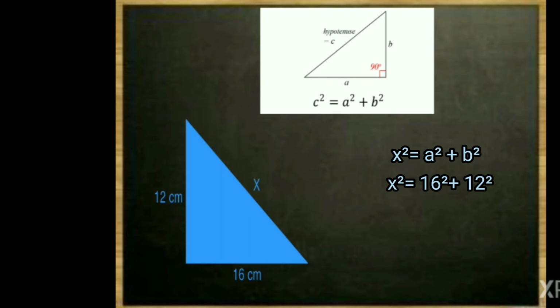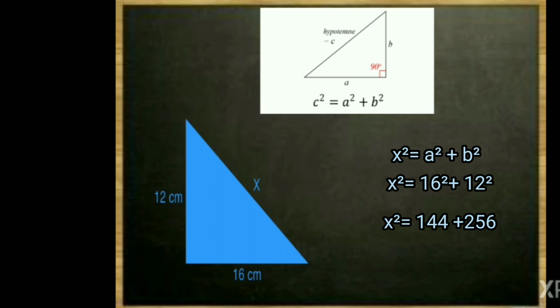So just substitute those values. Our base is 16 squared plus our height 12 squared, so x squared equals 12 times 12 equals 144, and 16 squared equals 256.